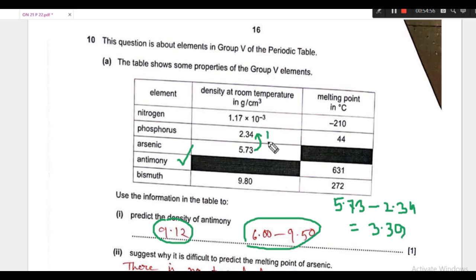Now from up to down it increases. This difference you add with this value: 3.39 plus 5.73.